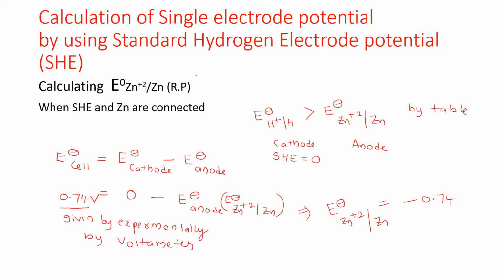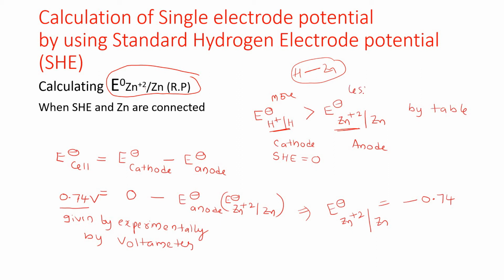I am calculating here the reduction potential of zinc. Whenever you connect hydrogen and zinc, the reduction potential of hydrogen is more compared with that of zinc, which has less. So hydrogen acts as the cathode and zinc acts as the anode.